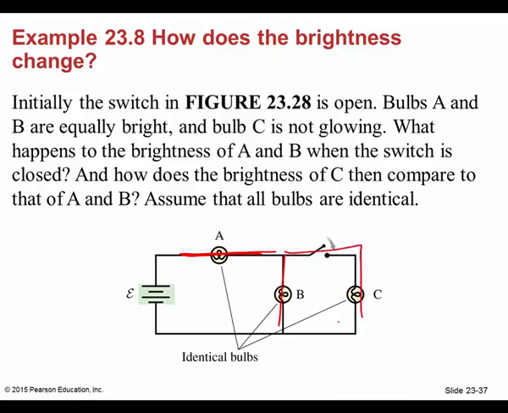And now with the switch open, the only way current is going to flow in this particular diagram is right here. So you've got 2 in series, single pathway of current flow. But when you close that switch, then you have 2 in parallel.